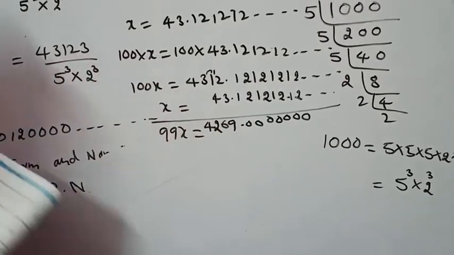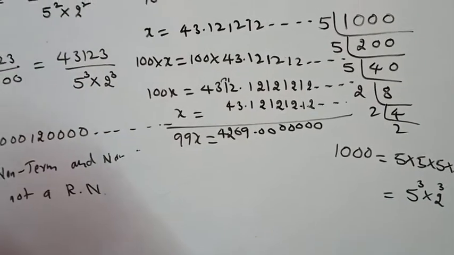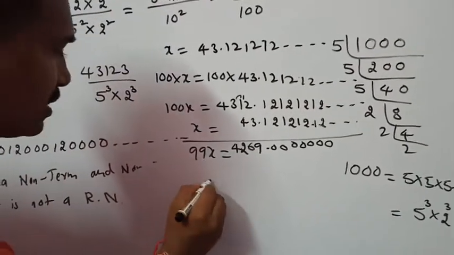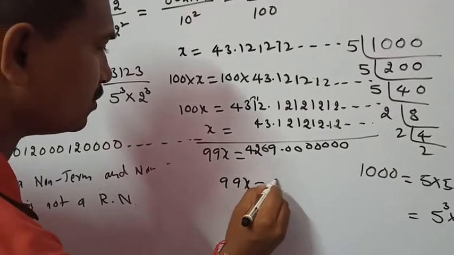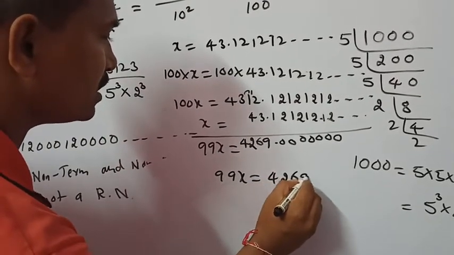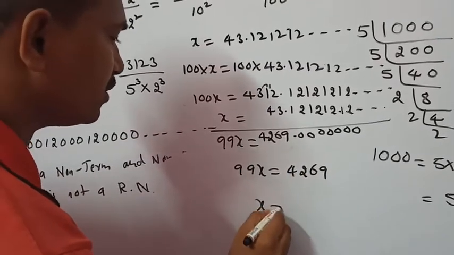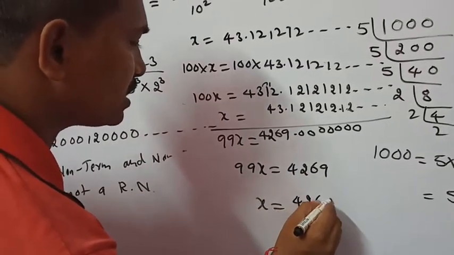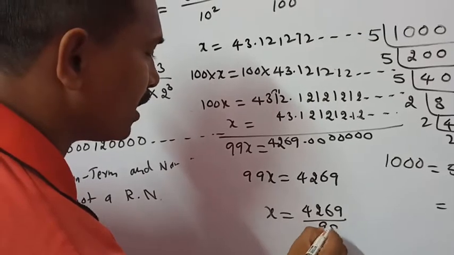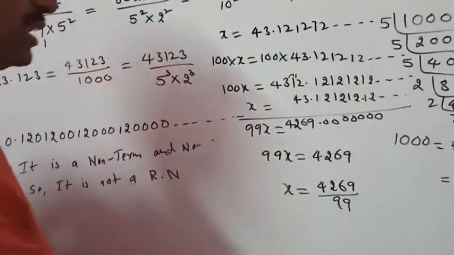So 4269. Now take this: 99x equal to 4269.00, so you can write a round figure. So x equal to 4269 by 99.